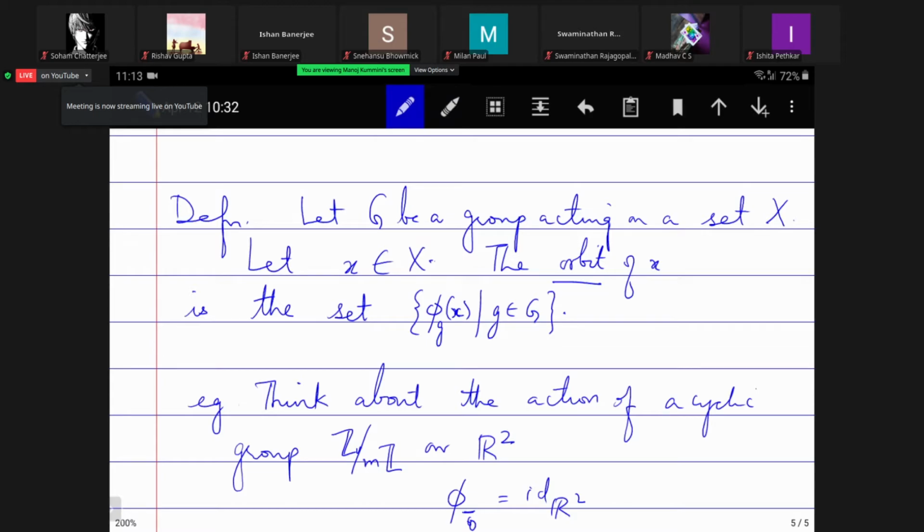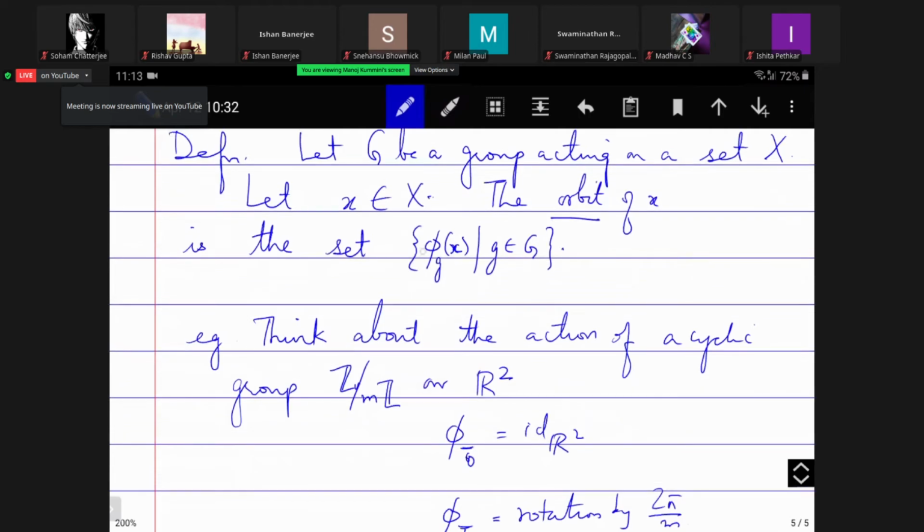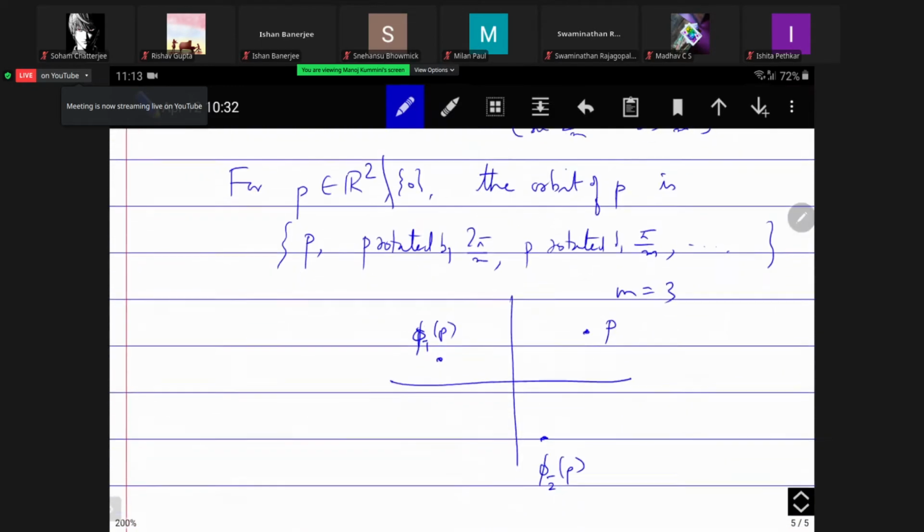But eventually we will drop this and just think of it as gx. For now let me write the elaborate notation to make it clear that we are discussing functions from X to itself. So this is what we mean by orbit.